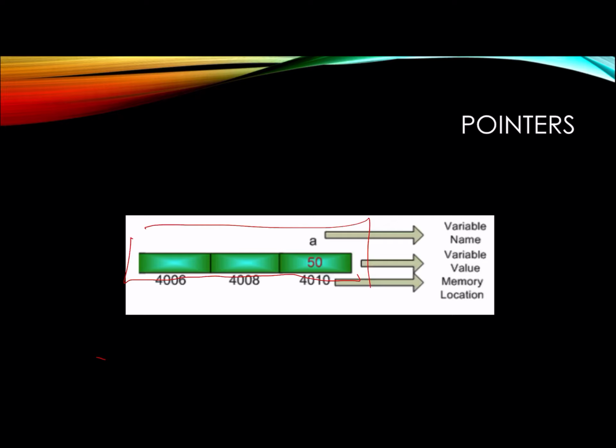Now there is no way for us to know exactly where in the memory this variable is going to be, because we are dealing with RAM, random access memory. So it could be in 4010, it could be in 4008, it could be in 4006, but we're sure that it's going to act randomly, as long as the space is empty.